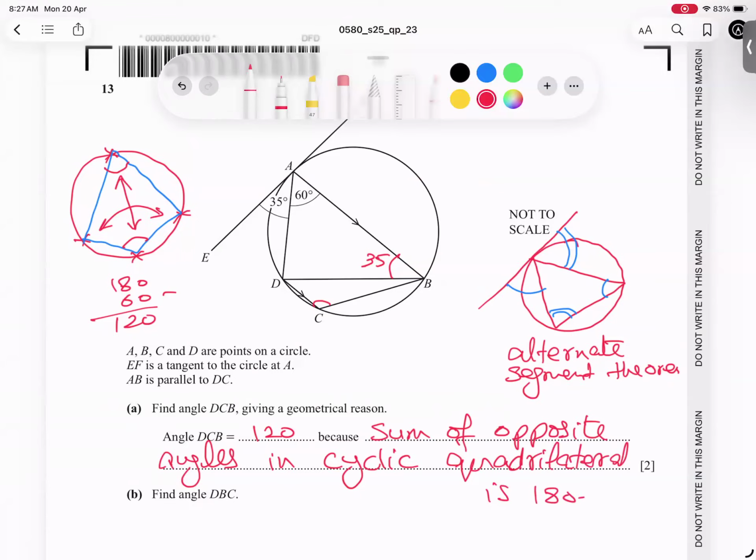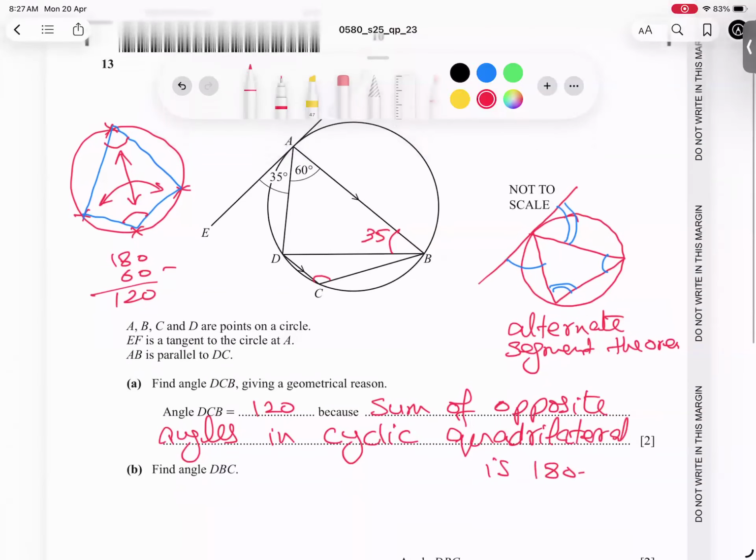Okay, let's go to the next part. DBC. Where is DBC? So here I'm writing 120. DBC, where C is below. This is x. And how to get this, students? All right, let's see. I think we can take the help of these parallel lines.